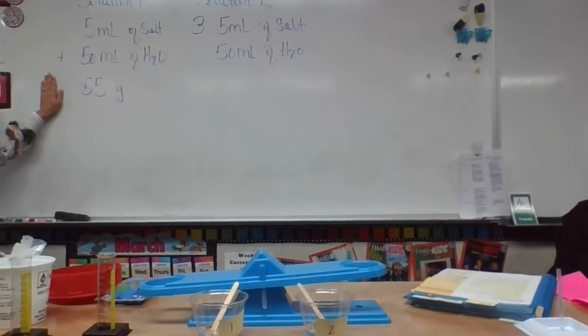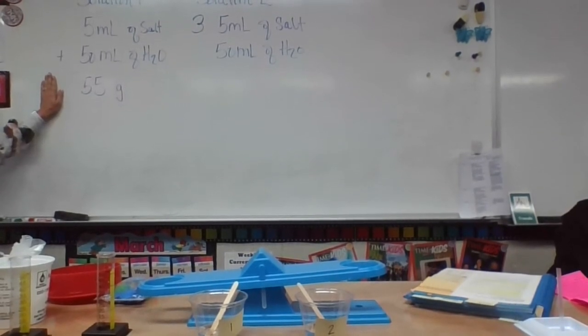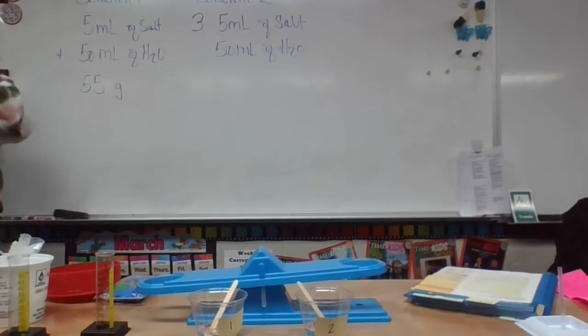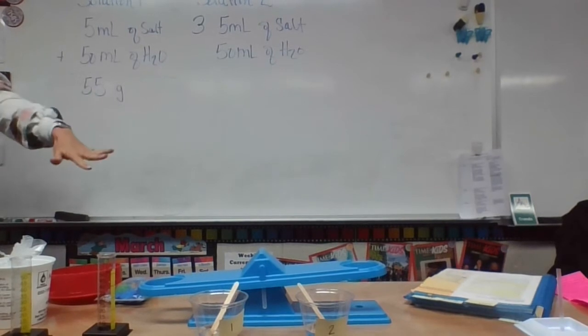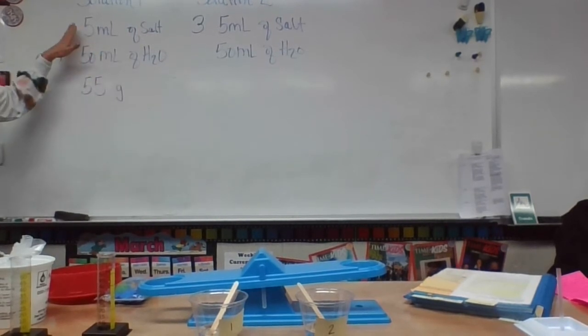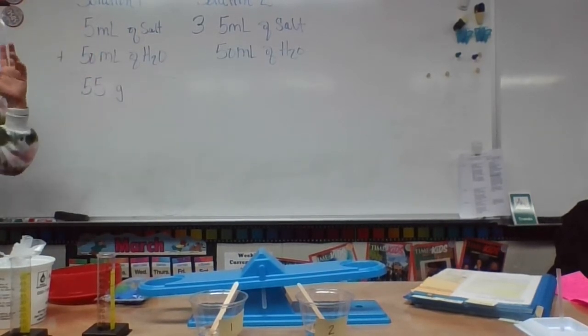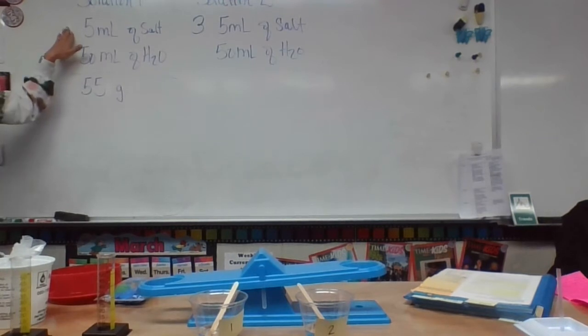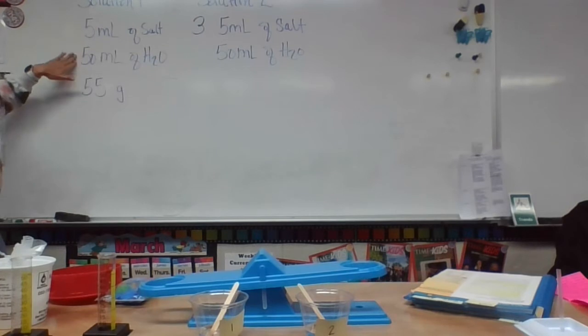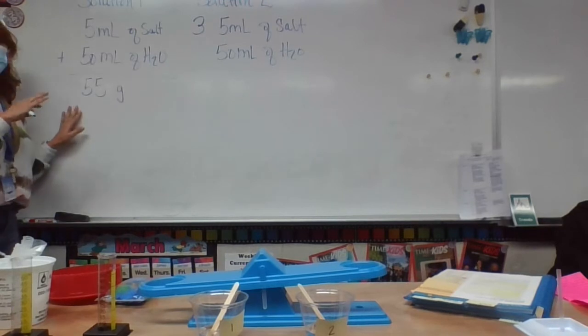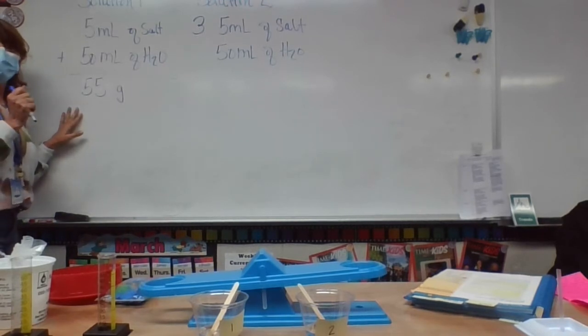So if you add those together, you get 55 grams. Yeah. So by everything we've been doing so far, using the weight table, the grams, the balance, and what we've learned about concentration and density, 5 milliliters of salt plus 50 milliliters of water is going to end up weighing 55 grams total, right?